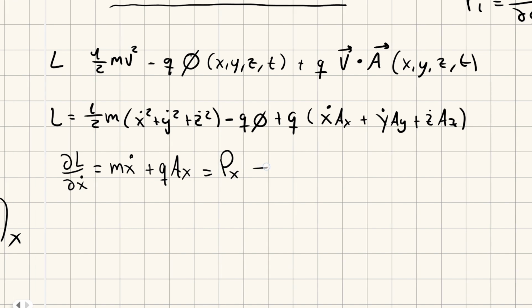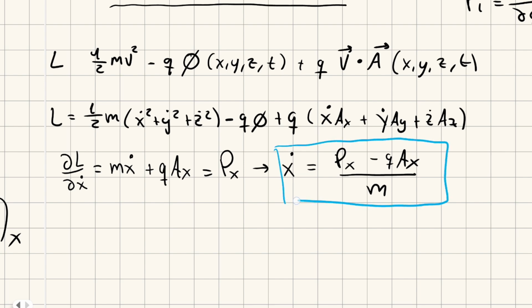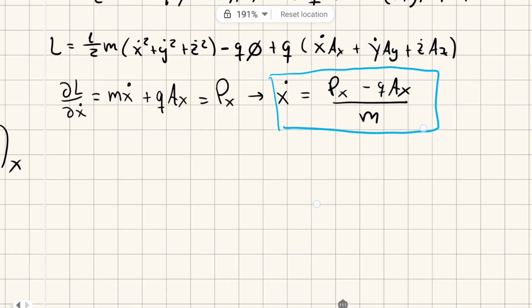Perfect. So with this, we can say that x dot is going to be px minus q ax divided by m, right? So this is going to be one of the first transformations we are going to need.